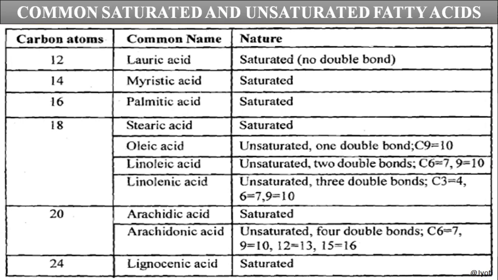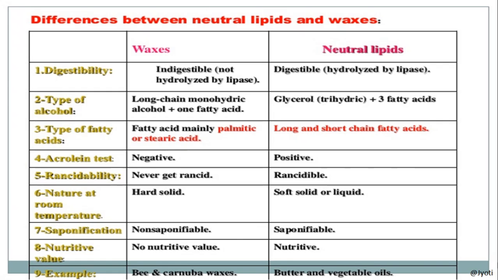Then arachidic acid and arachidonic acid, these two have 20 carbon atoms, but arachidic acid is saturated whereas arachidonic acid is unsaturated. Then lignoceric acid has 24 carbon atoms and it is saturated.